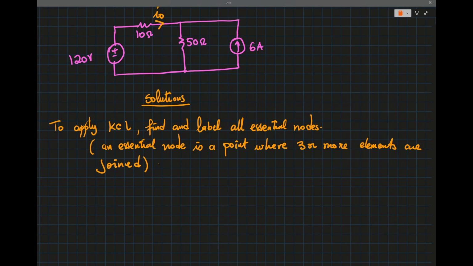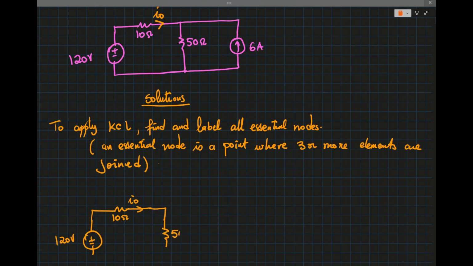Okay, so essential nodes. Let me redraw the network here. We have 120 volt, and I have 10 ohms, and the current through the 10 ohms is I0.